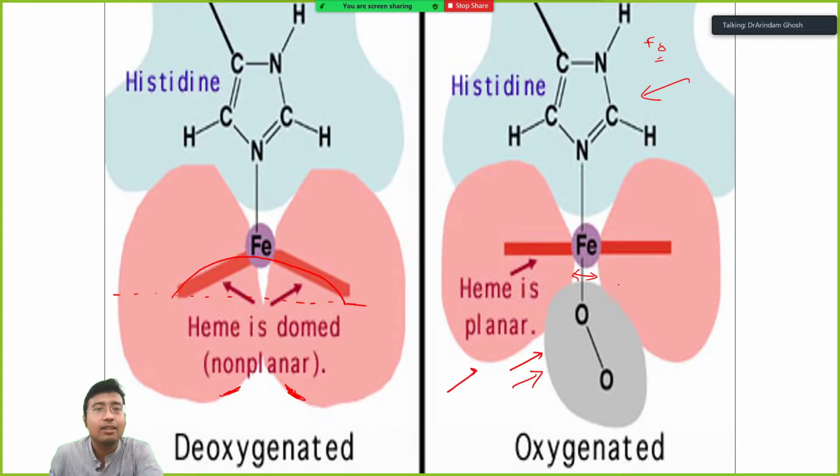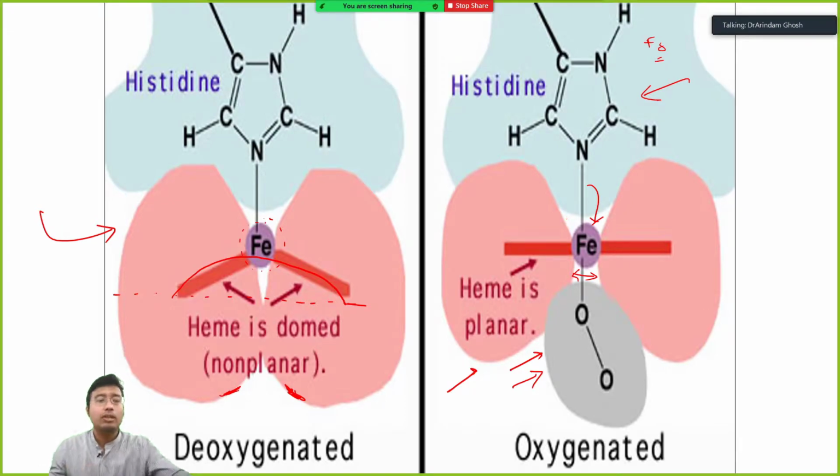So it has created a relaxed conformation. Here in the deoxygenated state, since iron was at a level above the globin chain, there is a steric hindrance. In any allosteric protein, steric hindrance is due to the 3D conformation of other molecules that prevents some molecules from interacting with each other. So this steric hindrance is released when oxygen comes. And in subsequent oxygenation, this steric hindrance is released further.